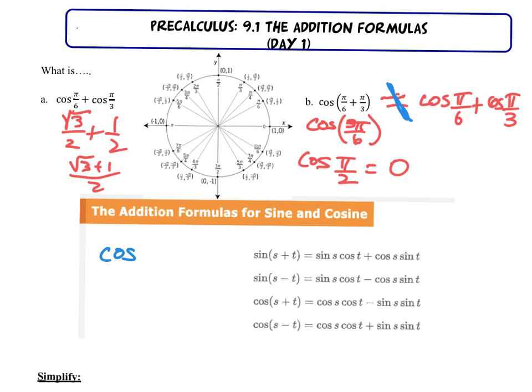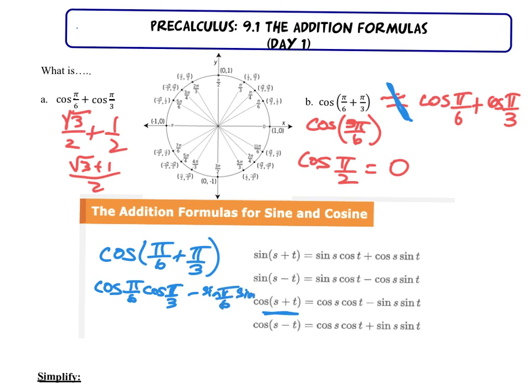Cosine of pi over 6 plus pi over 3 should be cosine of pi over 6 times cosine pi over 3 minus sine pi over 6 times sine pi over 3.